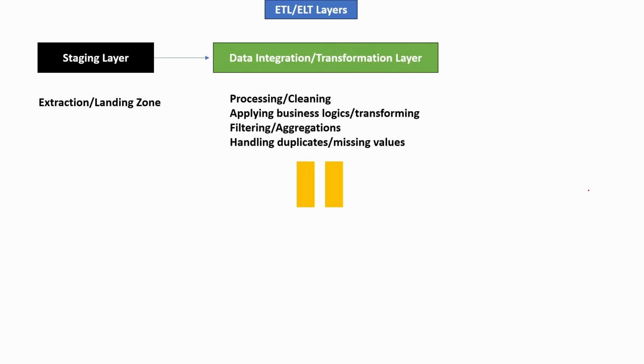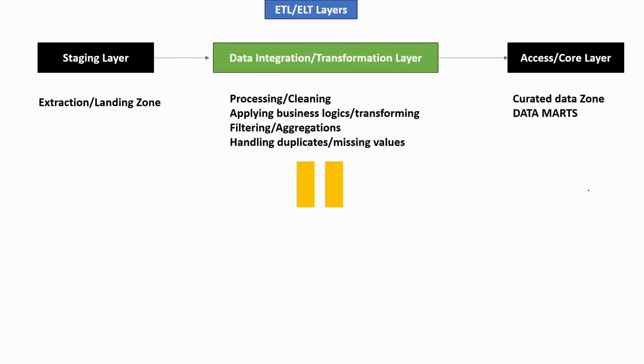Once this is done, the final layer is known as the access layer or core layer, and this is our loading zone or created data zone, and this is where we also create our data marts. All the created data is loaded into your target data warehouse, like data marts for consumption.